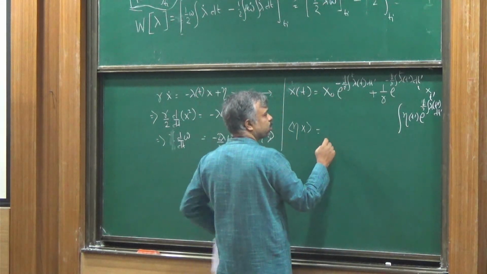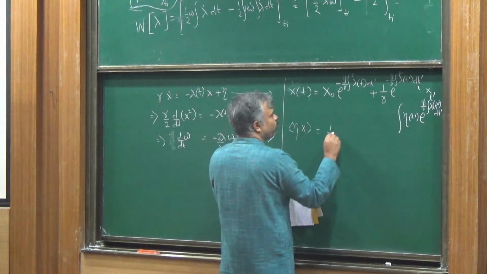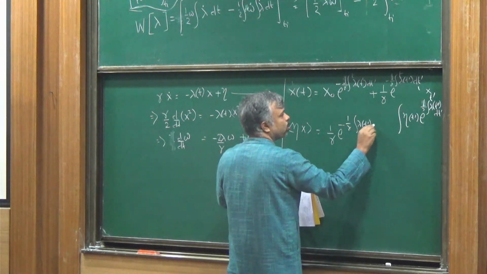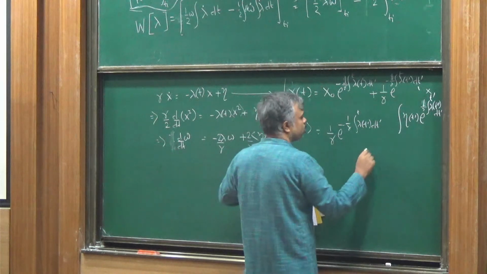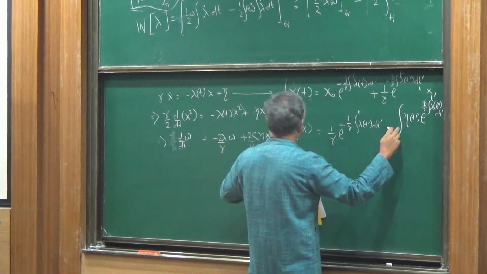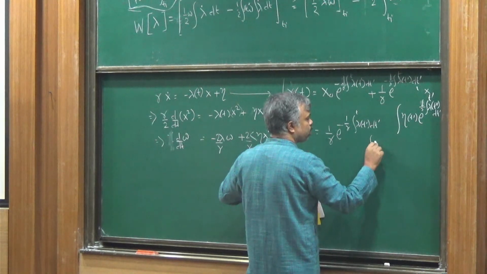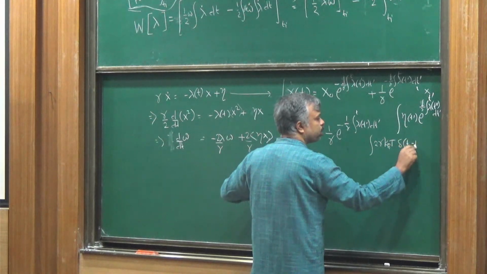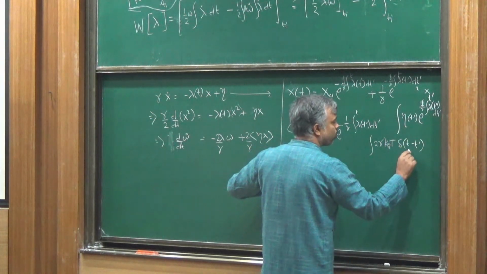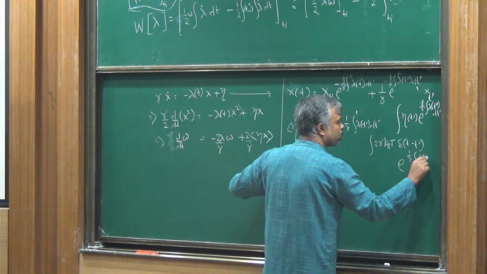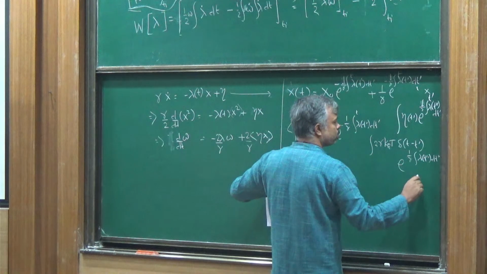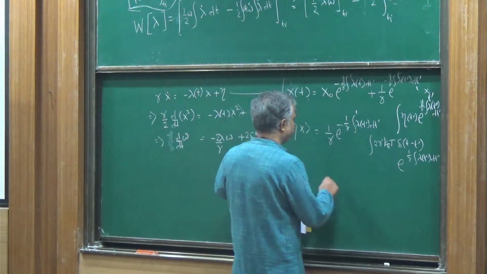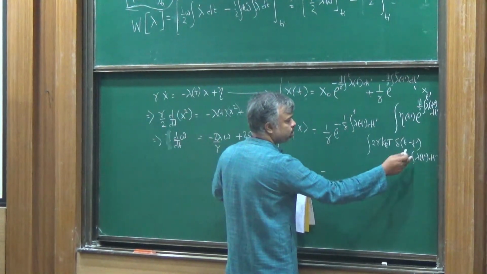And here I will get 1 by gamma to the power, so eta prime, so this will be like 2 gamma kBT delta t minus t prime to the power 1 by gamma, t prime.